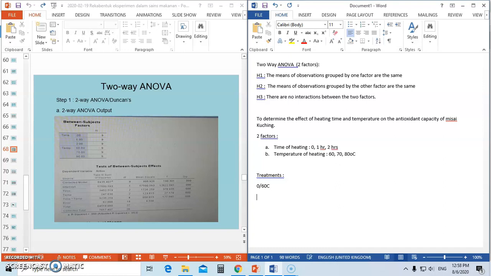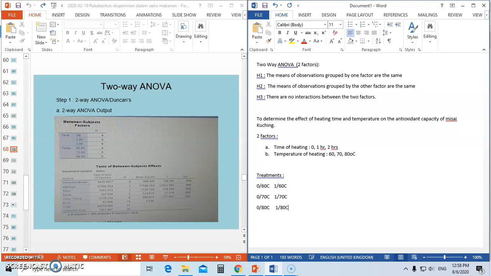Okay, 0 and then 70 C. We also have 0 and 80 C. Okay, and then we will also have 1 at 60 C. We will also have 1 at 70 C. We will also do 1 at 80 C.